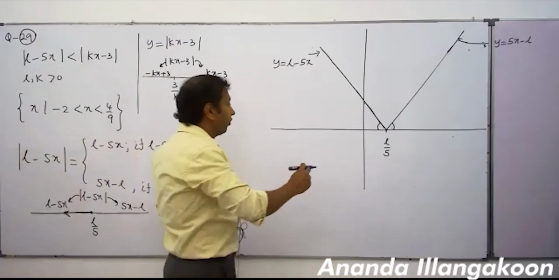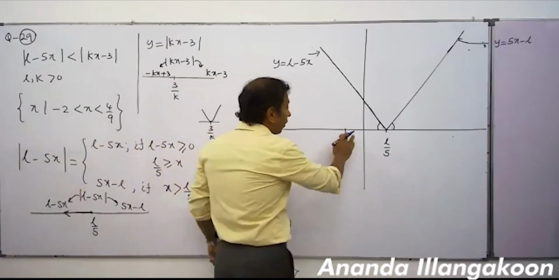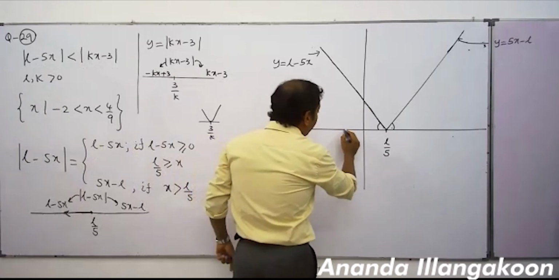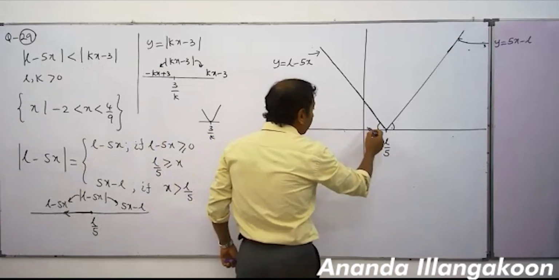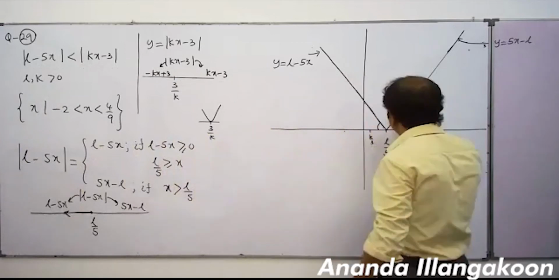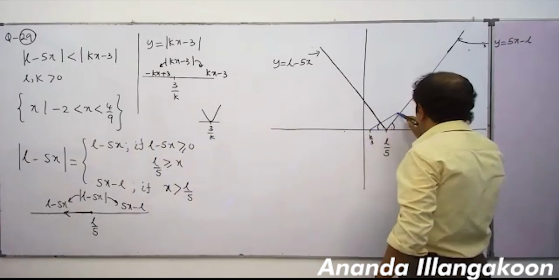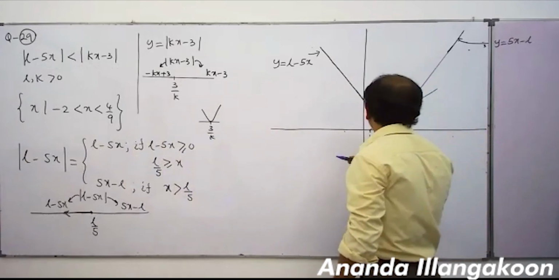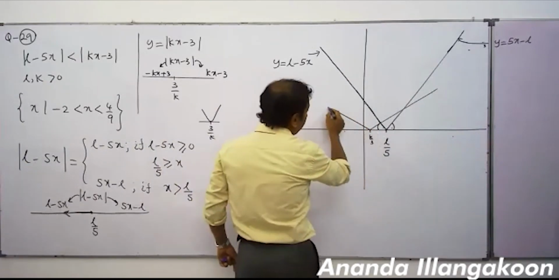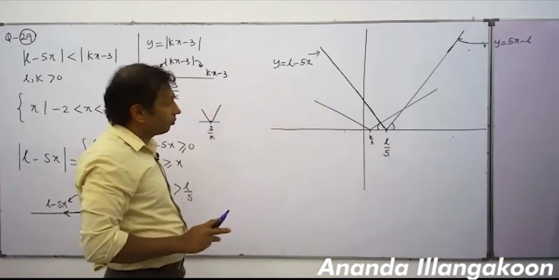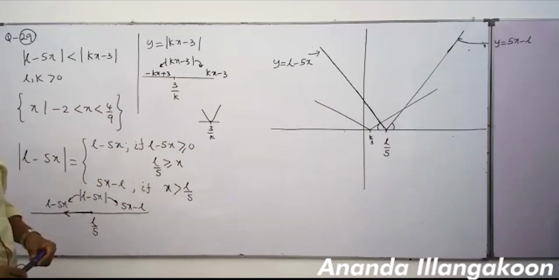Do we take k/3 somewhere here? It can't be, because k is positive, no? Somewhere here. If it is like this, and this, is it possible?